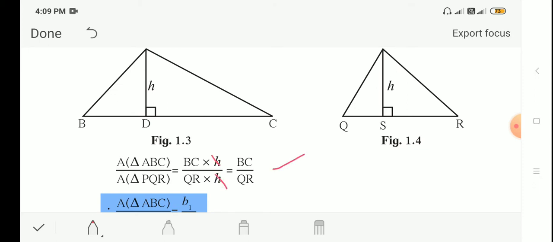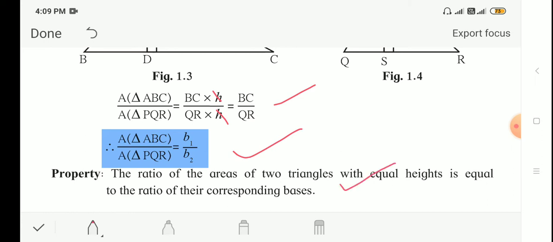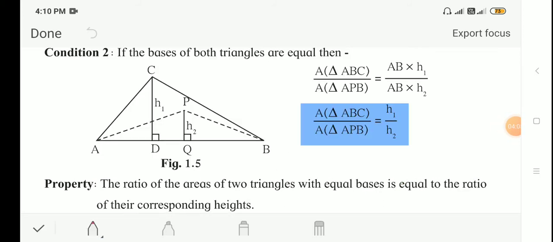We get BC upon QR. Therefore ratio of area triangle ABC divided by area triangle PQR is equal to B1 upon B2. Means if the height is the same, then ratio of area of two triangles is equal to ratio of the corresponding bases.